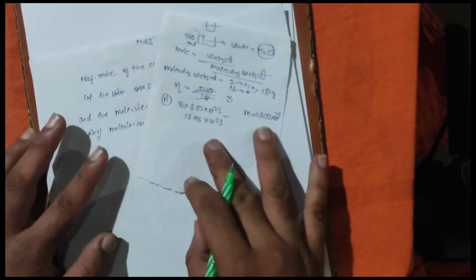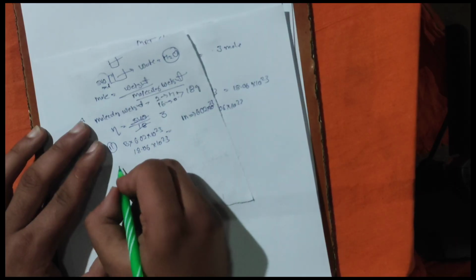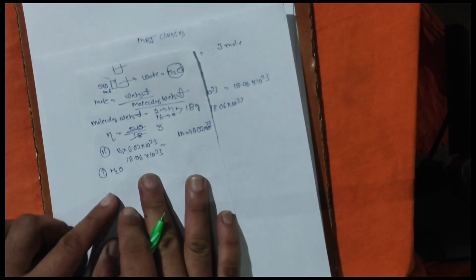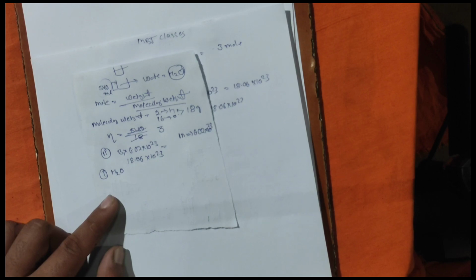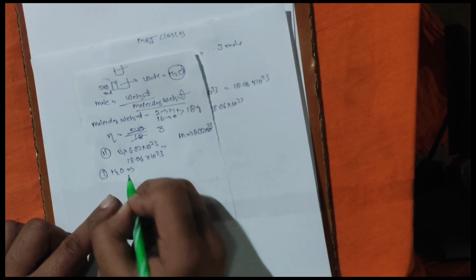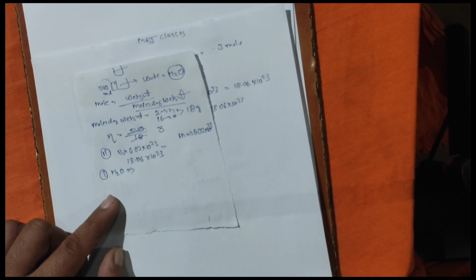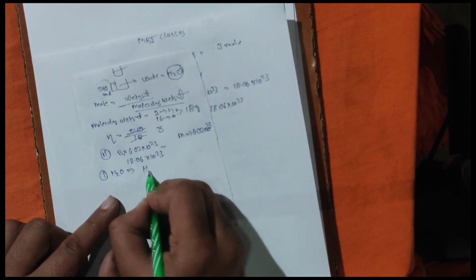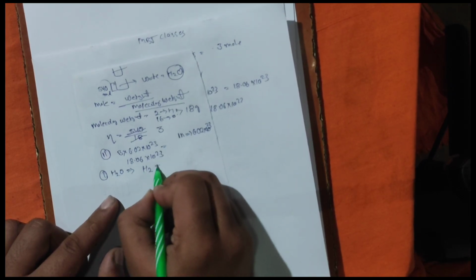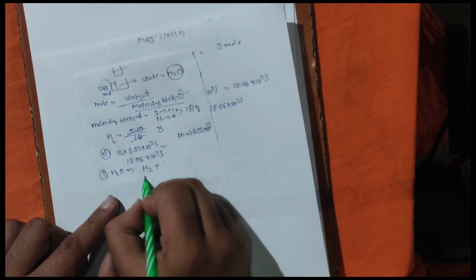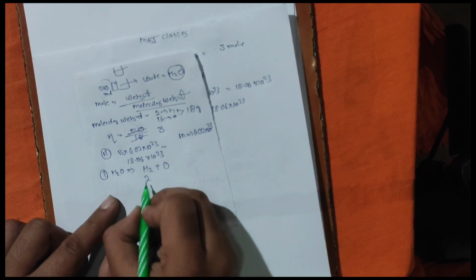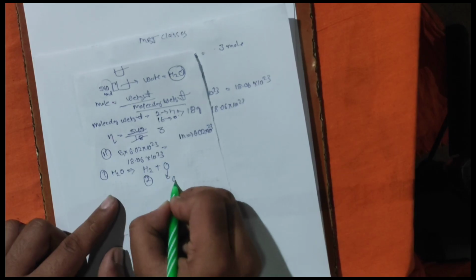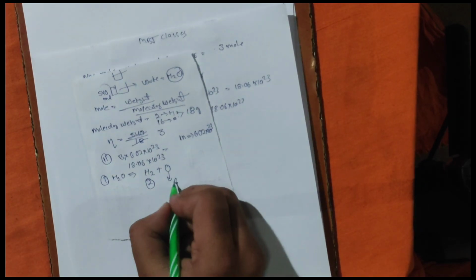Let's move on to the third concept. We have H2O, which is 1 molecule. In one molecule, how many charges are there? Water is made of hydrogen and oxygen. Hydrogen has 2 atoms, and oxygen has atomic number 8.